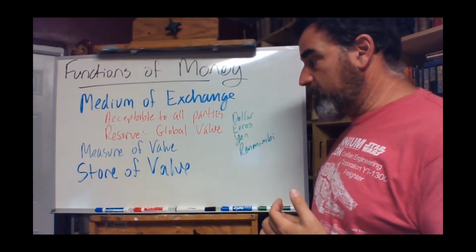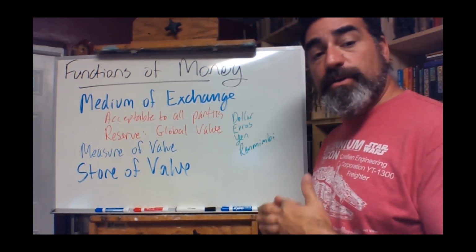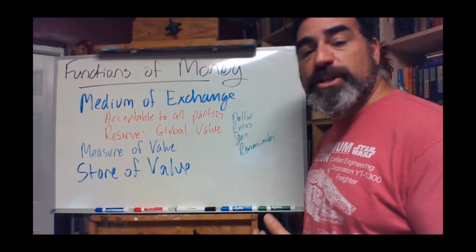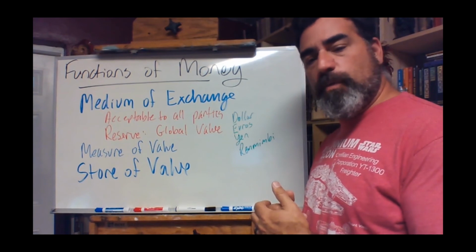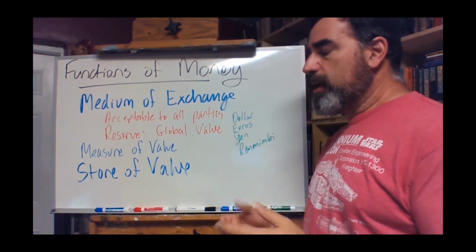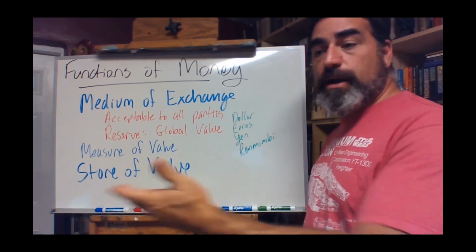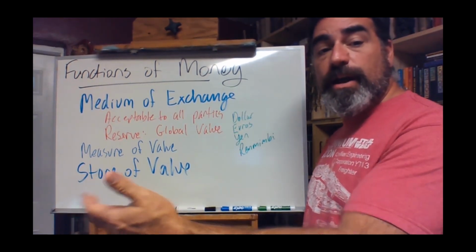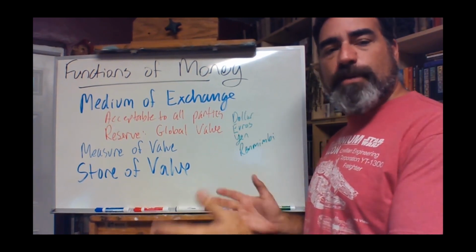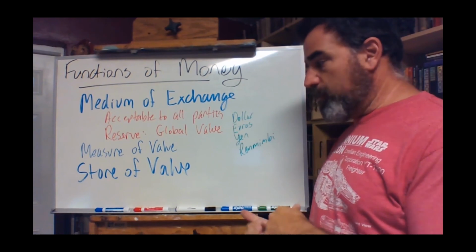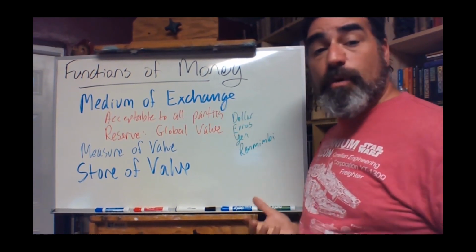If money doesn't store value, if it just goes up and down and you can't make any predictions, then it's not an efficient way of making plans for your future. You can't plan to save up your money so you can buy a car down the road, because you don't know if that money is actually going to be able to buy that car. Think in terms of saving up your money and investing so that you can retire when you get old. If the money isn't a store of value, you won't be able to do that.